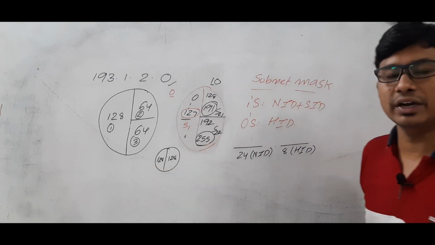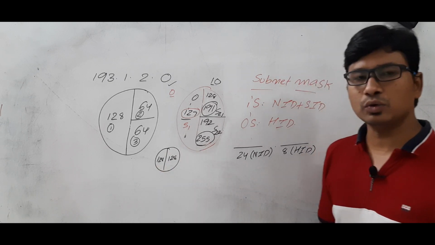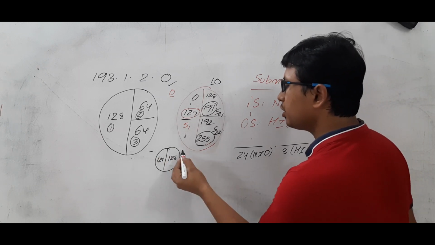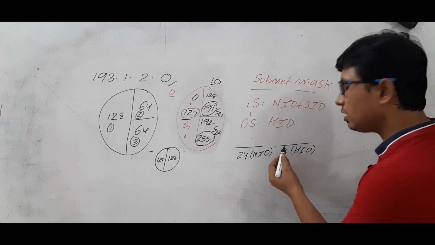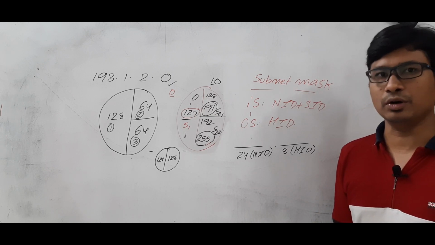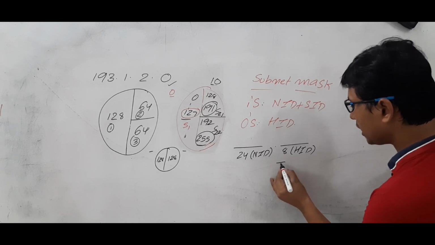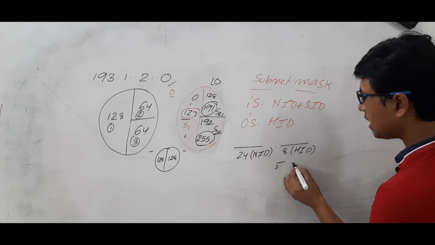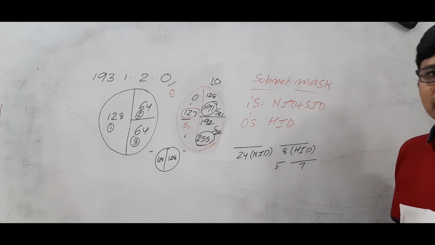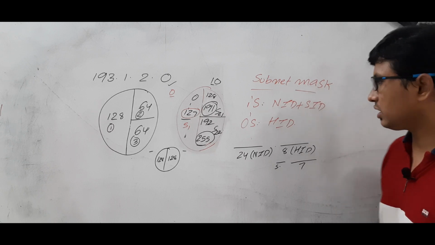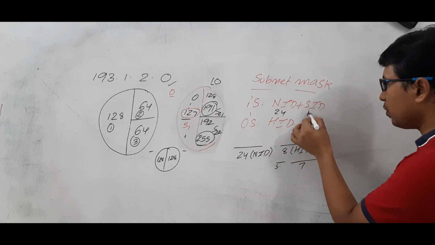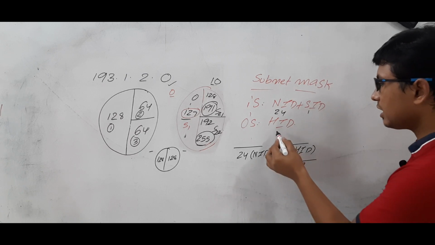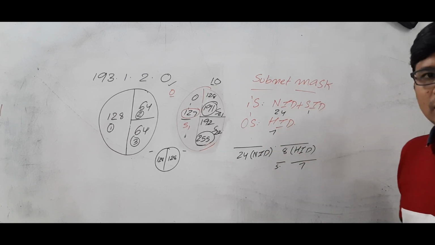To divide into 2 subnets, I borrowed 1 bit from the host ID part. So 1 bit is borrowed for the subnet and the remaining 7 bits are for the host ID. Totally, 24 bits are for the network ID, 1 bit is for the subnet, and the remaining 7 bits are for the host ID.